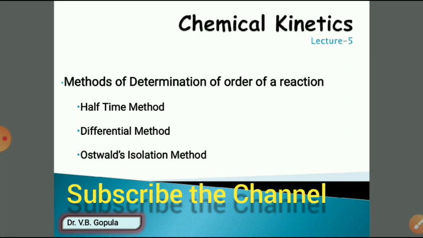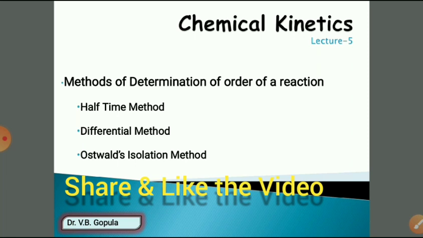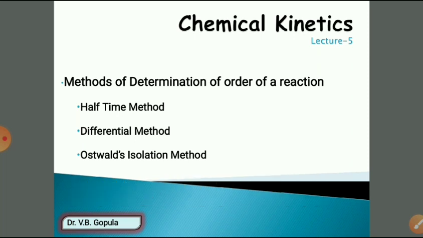In this video, we are going to cover the remaining three methods, that is the half time method, the differential method and the Ostwald isolation method. Before starting today's lecture, it is necessary to recall all those points which we have studied so far. Let's take a look quickly.